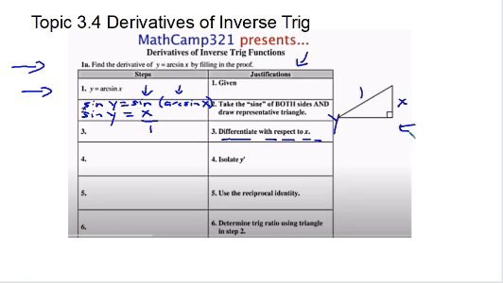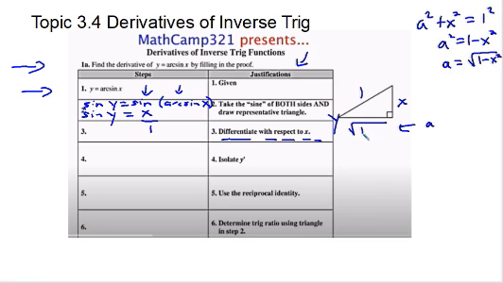Well, if we do a little Pythagoras, if I call that third side a, then I would have a squared plus x squared equals 1 squared. And if I solve for a, I have a squared equals 1 minus x squared, which means that third side is the square root of 1 minus x squared. We will need that in a minute.